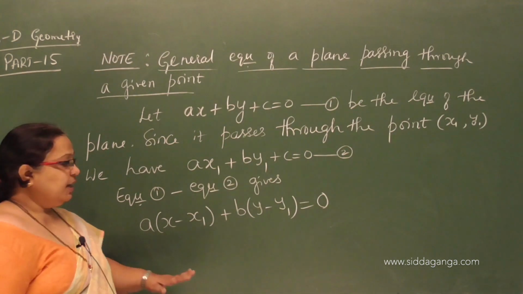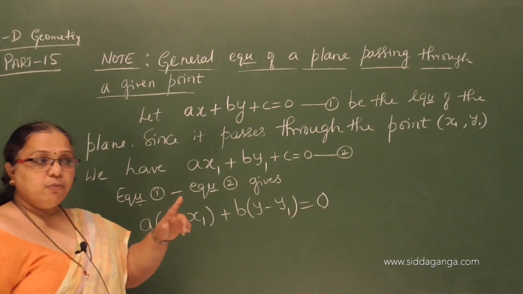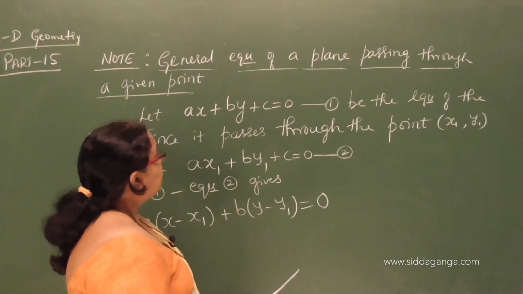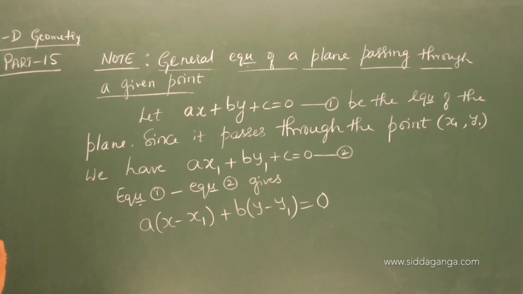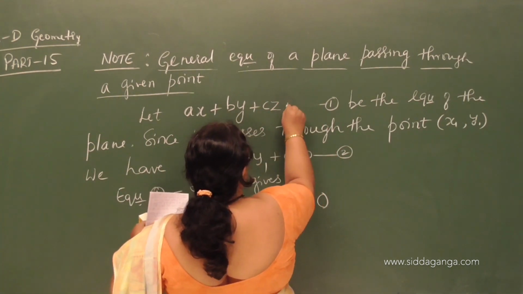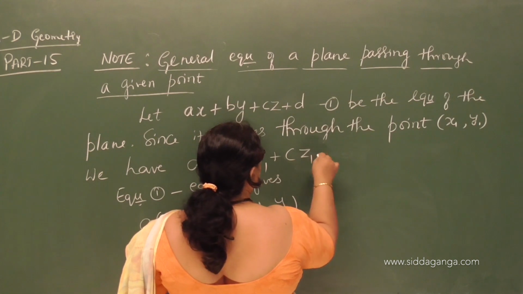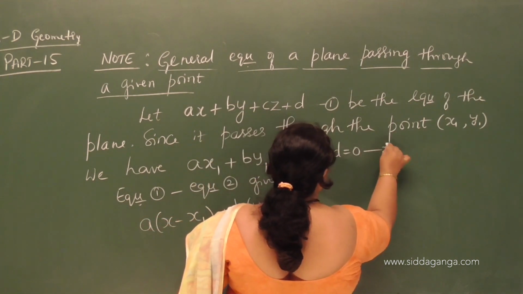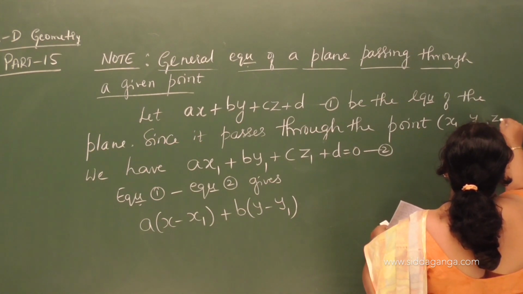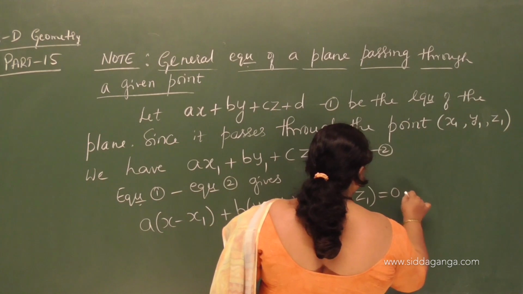And hence the equation of the plane where it passes through the point x1, y1, z1 is given by ax plus by plus cz plus d equal to 0, equation 1. Here equation 2 is a into x1 plus b into y1 plus c into z1 plus d equal to 0. In 3D geometry we take another coordinate, x1, y1, z1, and we get a into x minus x1 plus b into y minus y1 plus c into z minus z1, d cancels, equal to 0, equation 3.